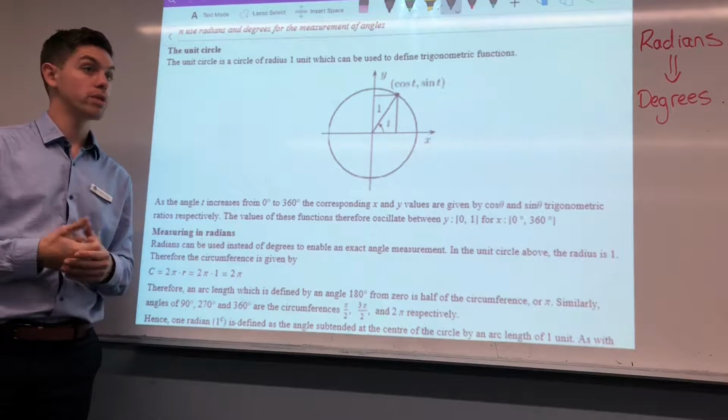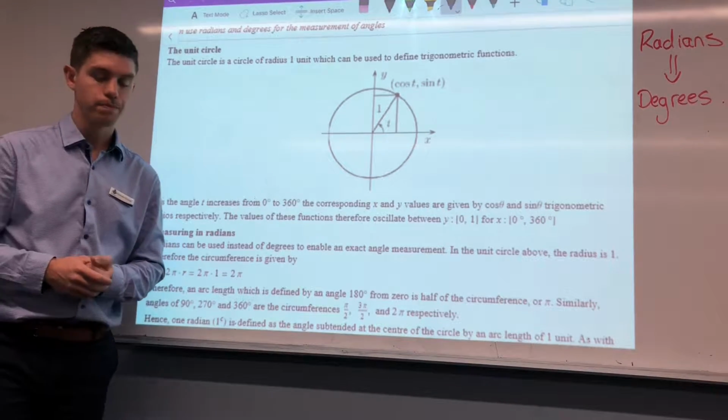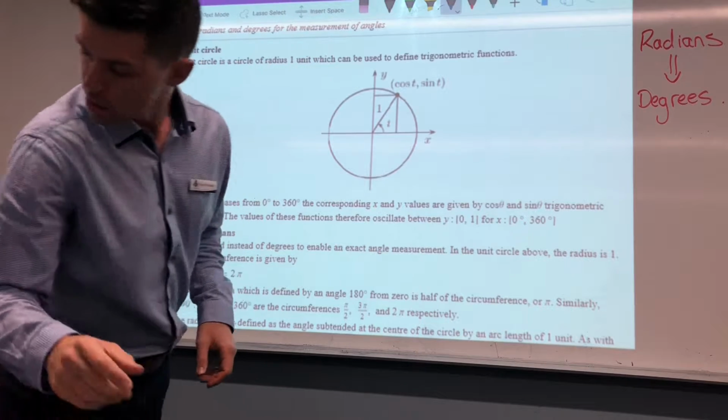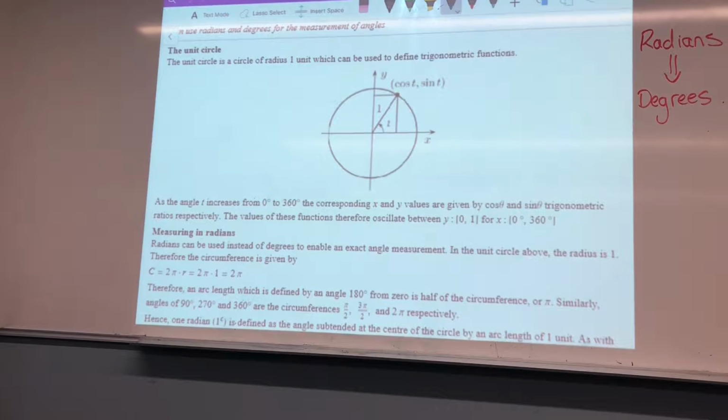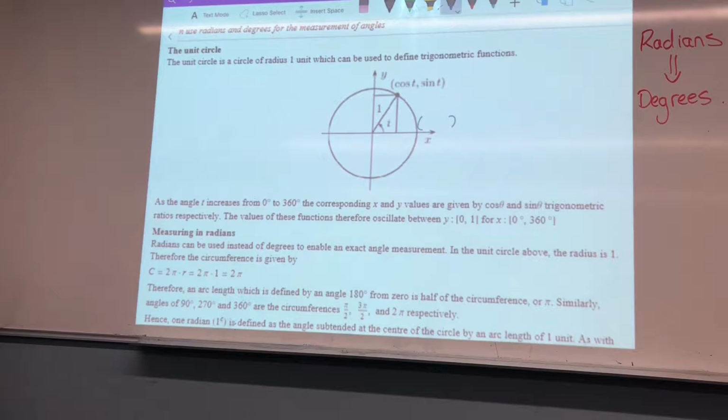So what do we mean when we say a unit circle? Does anybody know? A circle with a radius of 1. So if we have a radius of 1 here, then what is this coordinate here? 1, 0: across 1 and 0 up. The coordinate here is 0, 1.